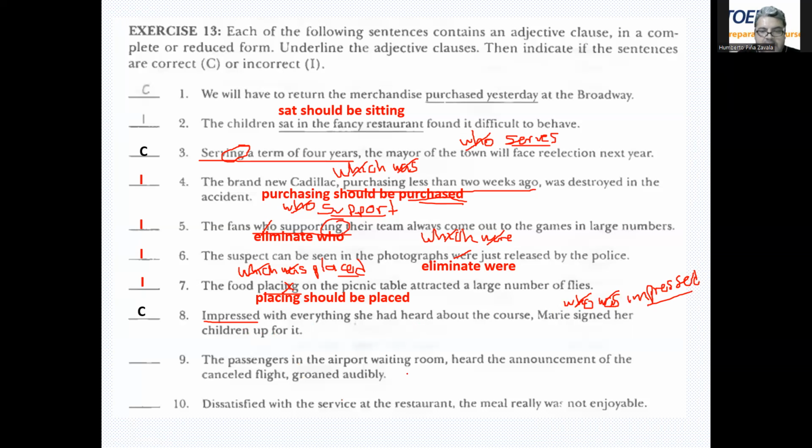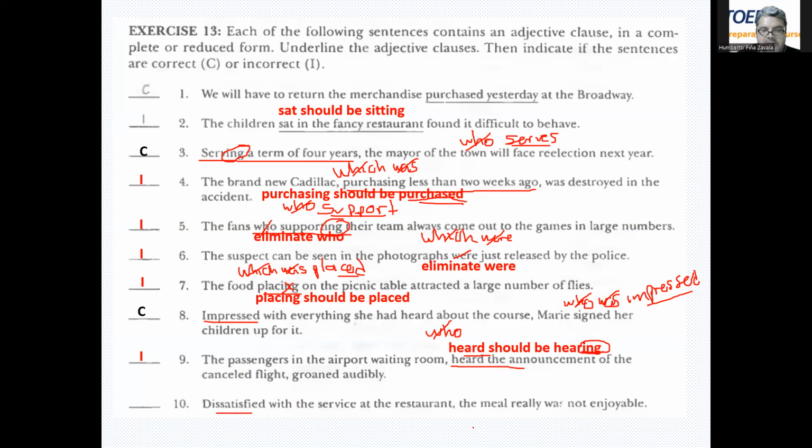Passengers at the airport waiting room heard the announcement of the canceled flight, groaned audibly. Right, here we go. Problem, because it will be hearing, right? The passengers who heard, so we eliminate who, and heard changes to ing. The passengers in the airport waiting room hearing the announcement of the canceled flight groaned audibly.